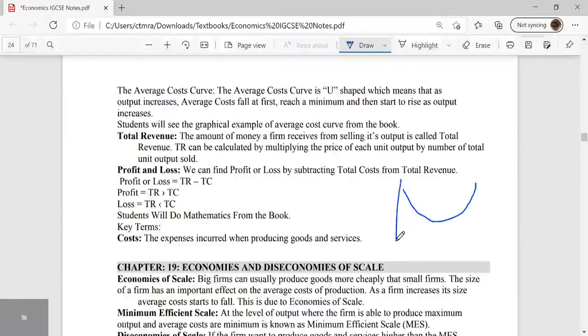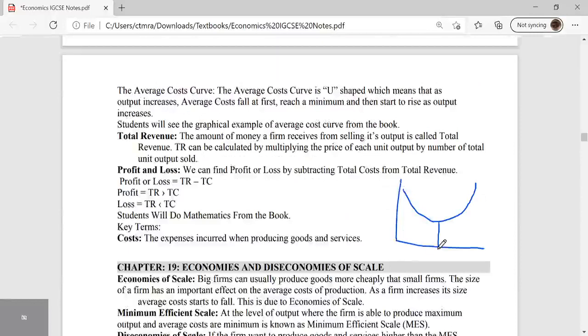So it's like a U. And the lowest point is known as the minimum efficient scale. Okay, so this is the lowest point of economies of scale. So if all firms try to achieve this point, the cost will be the minimum. Okay, so minimum cost will lead to more profit. Okay, so that's a very good point.